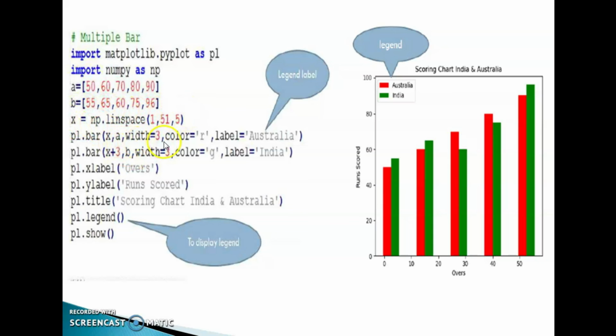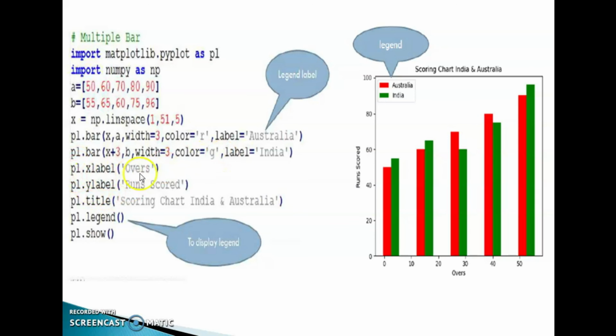Then width is equal to 3, color is equal to r, label is equal to Australia. Then pl.bar(x plus 3, b, width is equal to 3, color is equal to g, label is equal to India. x is these points, then plus 3.